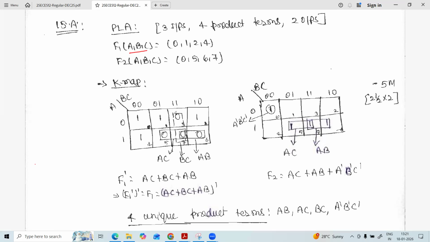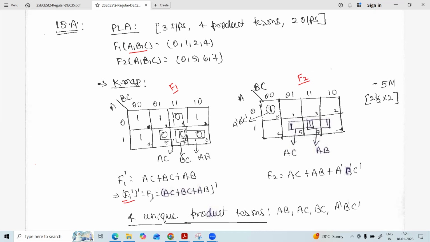So that's why the complement of one function is taken. Here, the complement of f1 is taken, and f2 is taken as it is. Complement means we write 0 for the min terms that are not given, and we make the combination of those zeros only. So here f1 dash is AC plus BC plus AB. Again, you know that the complement of the complement will give the same thing.